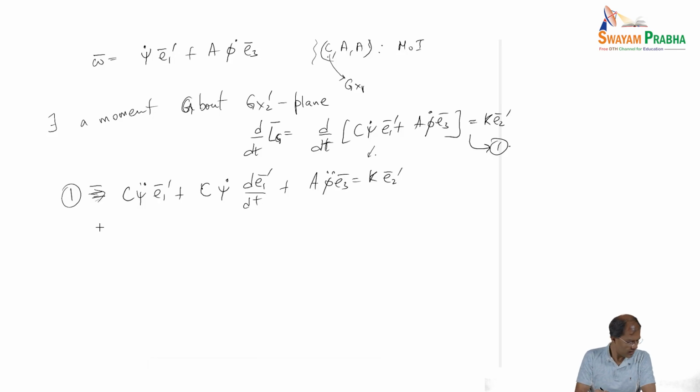So then what we have is that dE1 prime/dt is dE1. Well, we are using some chain rule so that we can now use some results.